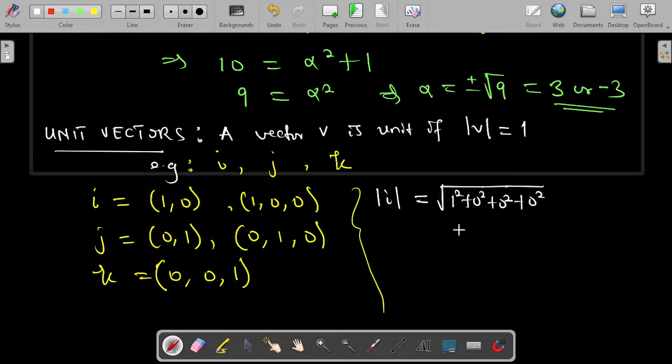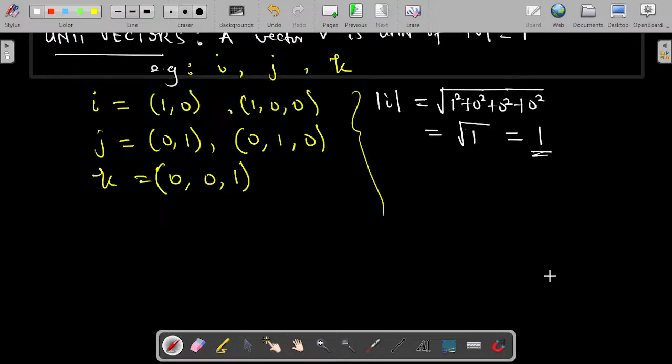So no matter the dimension where you are, the magnitude of i will always be the square root of 1, and that will always give you 1. And that's why we refer to these as standard unit vectors.